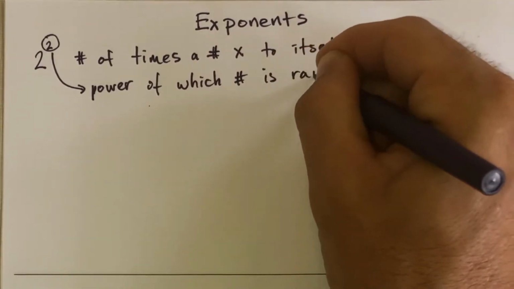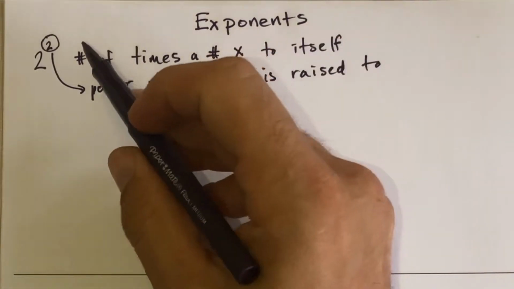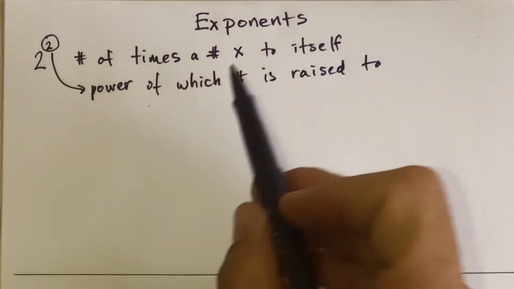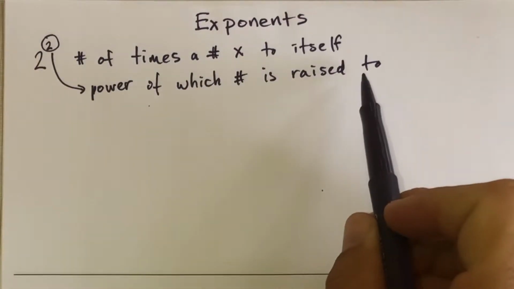So how many times this number is going to multiply itself is in fact the power that it's going to be raised to.